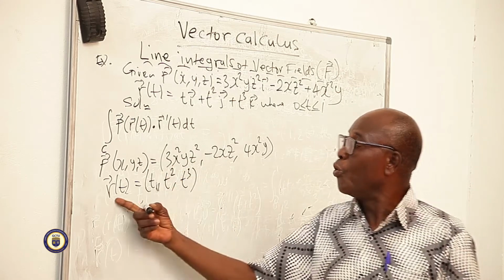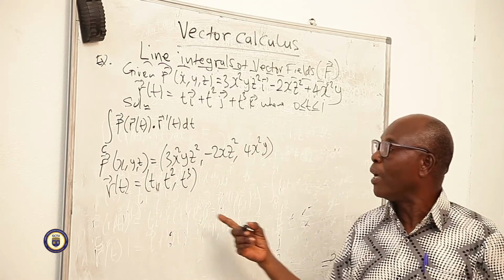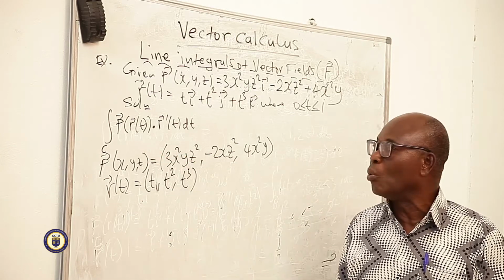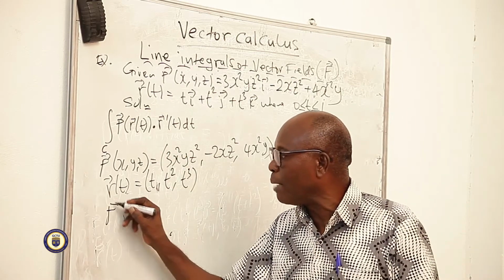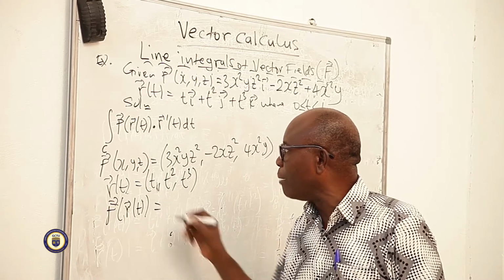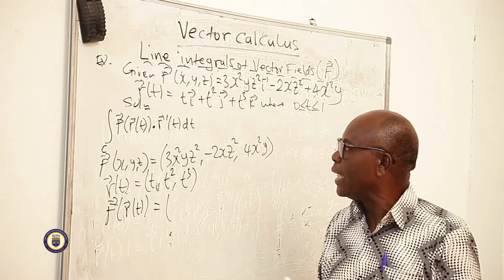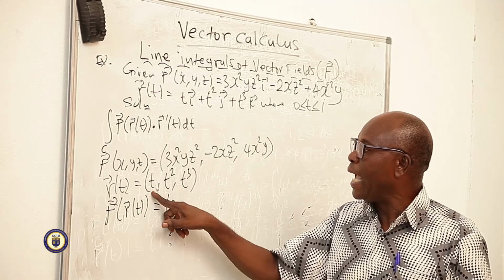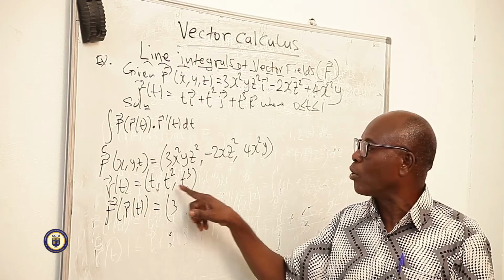And so with the parametric equation of r of t, we substitute it into F. So F of r of t now becomes 3x, this corresponds with the x, this with the y, this with the z.